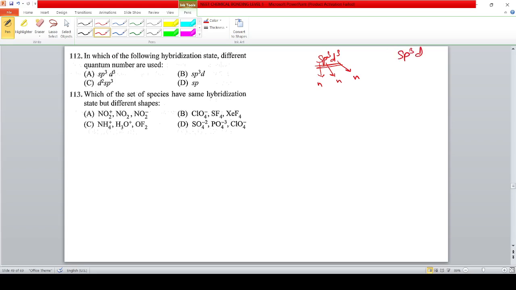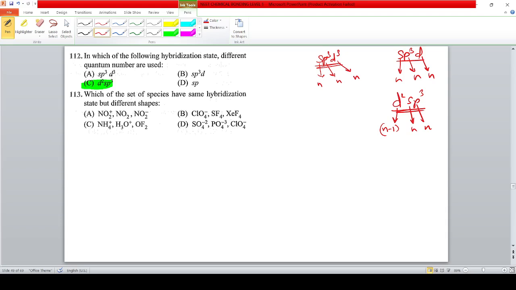Second option sp3d, the same ns, np and nd orbital. If it is d2sp3, listen carefully, this will be nth s orbital and nth p orbital, whereas this d will be (n minus 1) d orbital. So here a different principal quantum number is used. So the answer is option C.